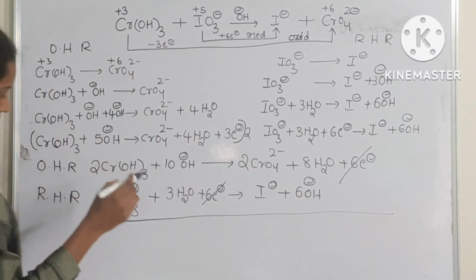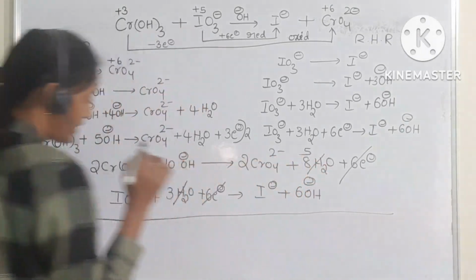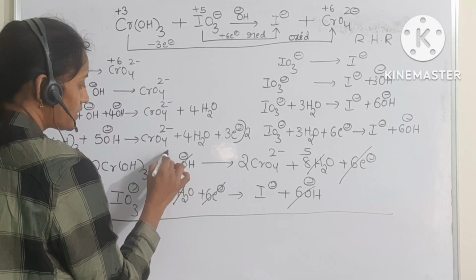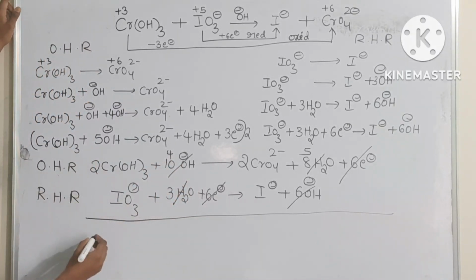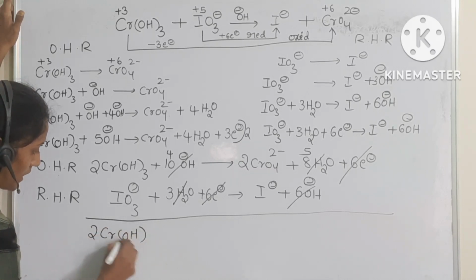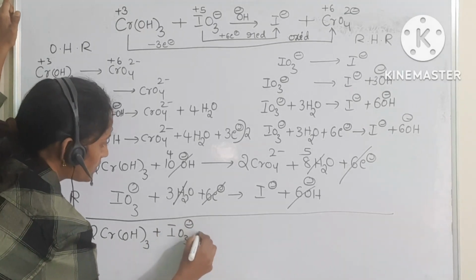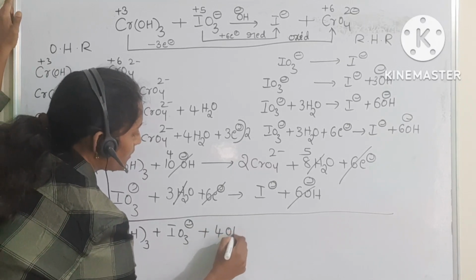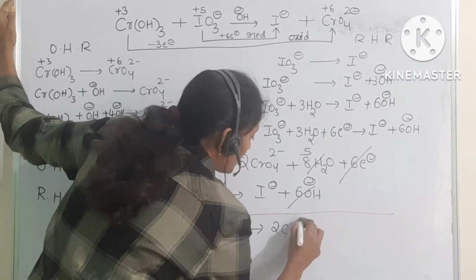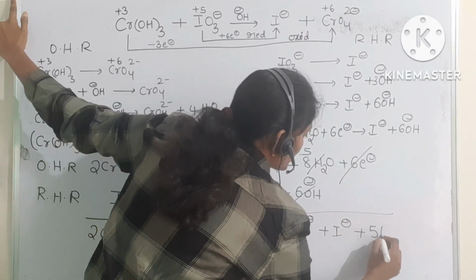The 6 electrons cancel out, and of the 3 water molecules against 8, 5 water molecules remain. Of the 6 OH minus against 10 OH minus ions, 4 remain. So now the result is 2 CrOH taken thrice plus IO3 minus plus 4 hydroxide ions gives rise to 2 chromate ions plus I minus plus 5 water molecules.